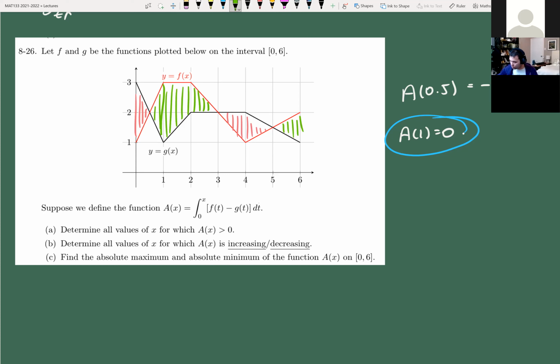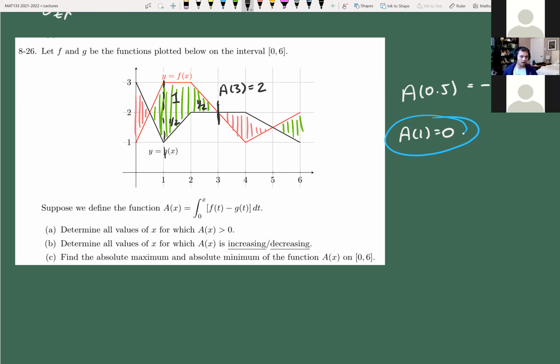Okay, so after 1, after this point, our area is positive again. And what does that look like? It looks like it's going to be positive until about 3. And then the area I pick up tells me that A of 3 is equal to 2. Do you see that it's equal to 2? Is everyone okay with that? Because I'm just counting the squares, right? So when I count the squares, I've got 1 square here, half a square here, half a square here.